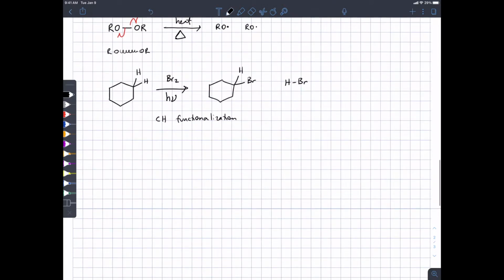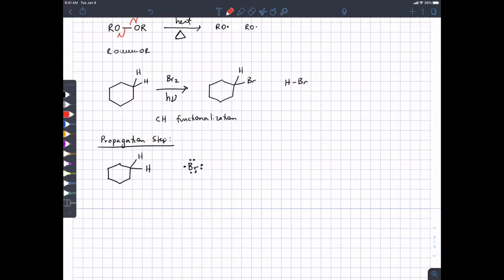But then the mechanism consists of the following two steps, and we call them propagation steps because each of them starts with a radical and ends with a different radical. So here is the hydrocarbon, and here is the bromine radical.